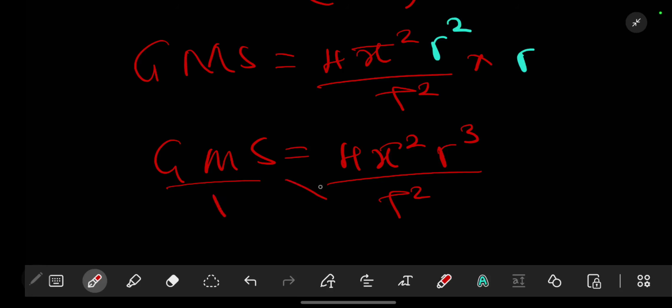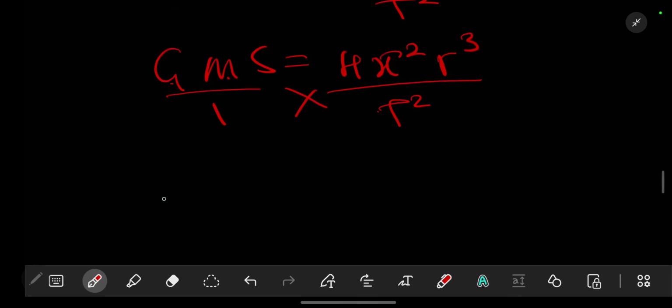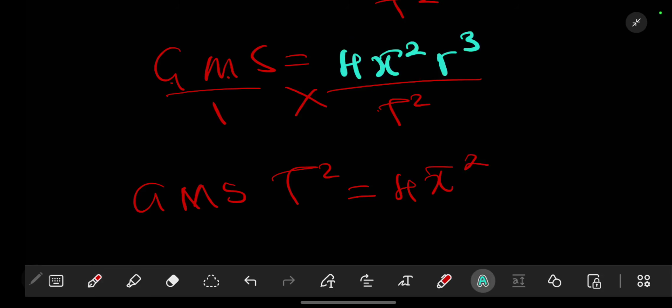Then we are going to cross multiply. So GMs times t squared should be equal to 4 pi squared r cubed, since the top part times 1 is just the top part.